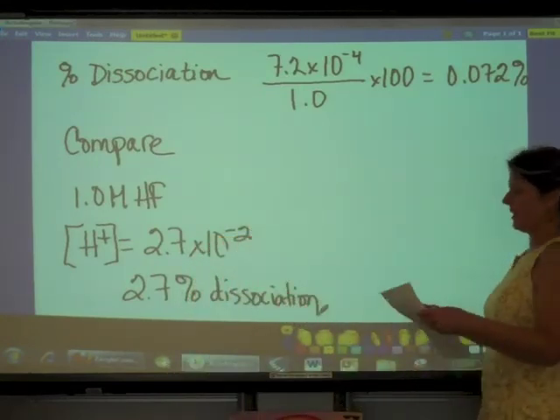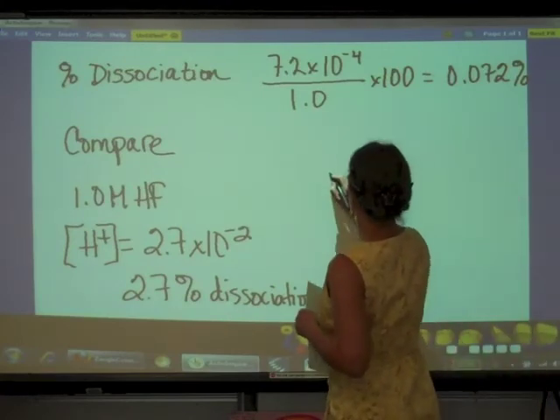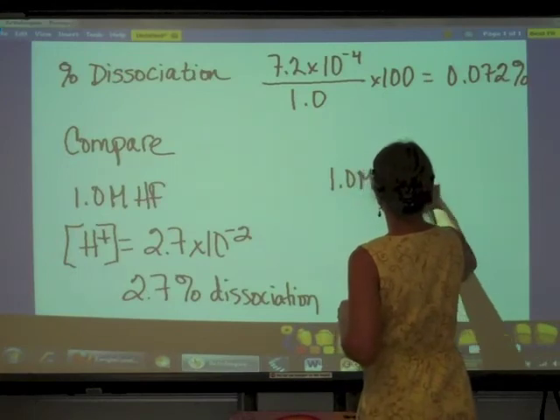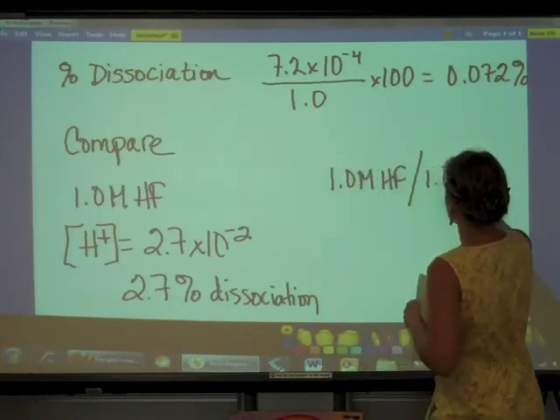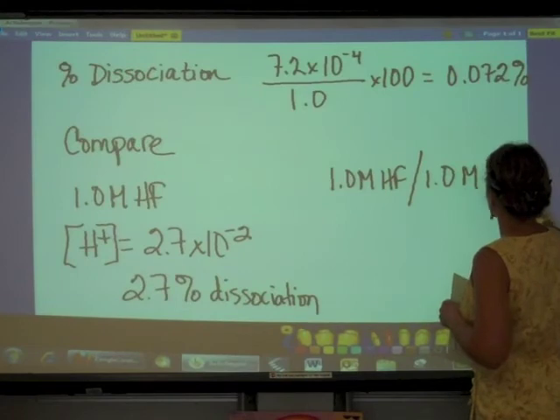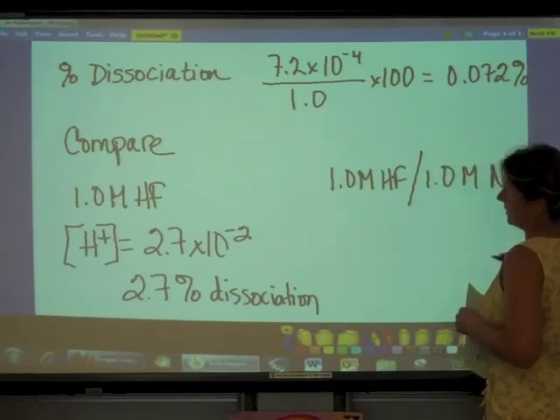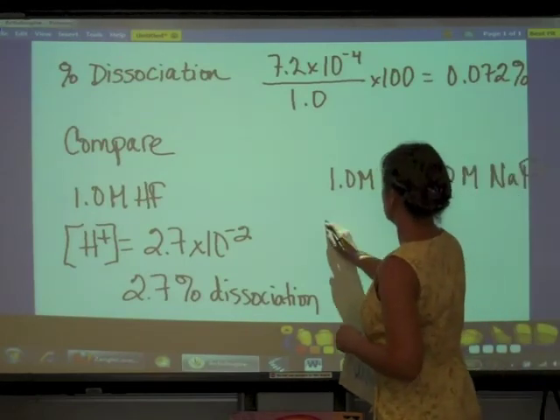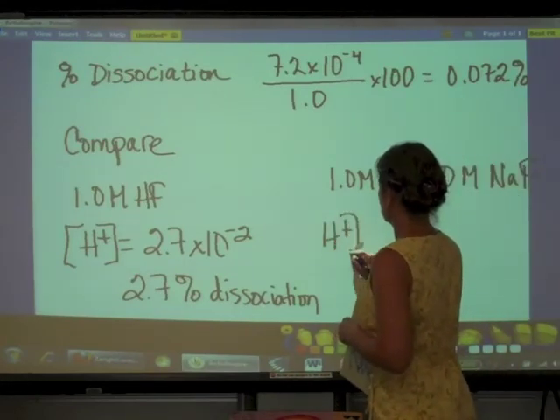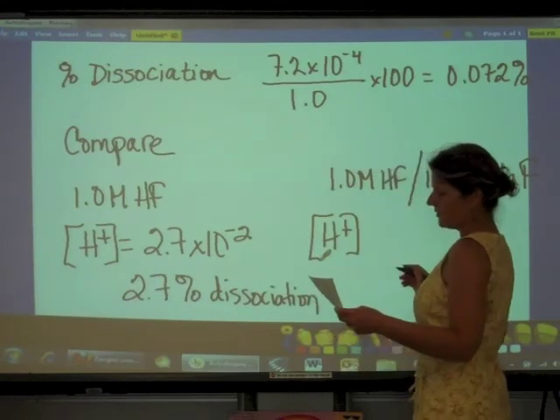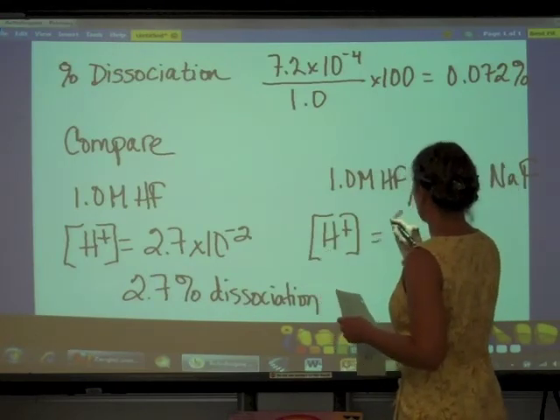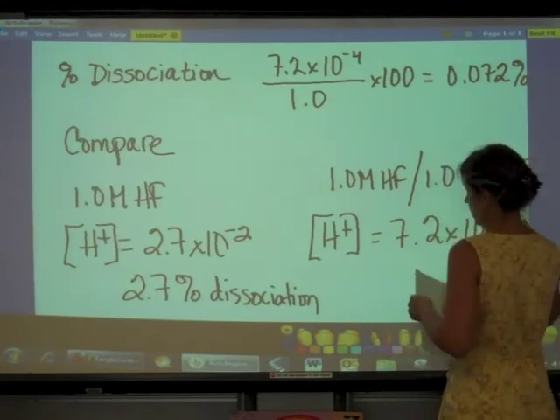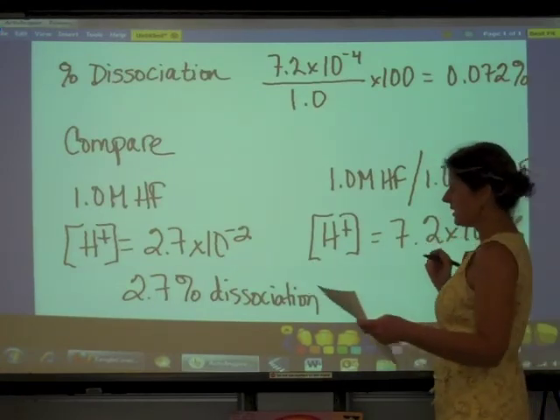On the other hand, if we have 1.0 molar HF in a solution also containing 1.0 molar sodium fluoride, our hydrogen ion concentration in this case is going to be 7.2, what we calculated, 7.2 times 10 to the minus 4. Okay, and what is our percent dissociation?